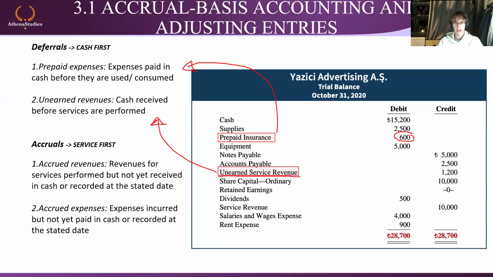So we have gotten cash, but we are still liable for those services, right? We still owe those. And if we remember from earlier, liabilities are those things we owe. And since liabilities credit up, it's on the right side here, right? Because it's on the other side of that accounting equation. I hope that makes a little bit of sense.